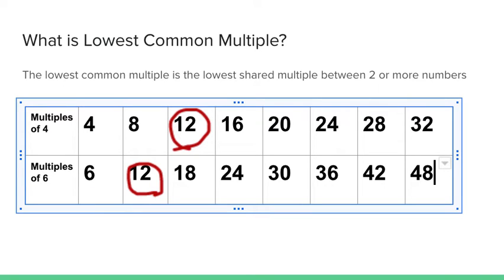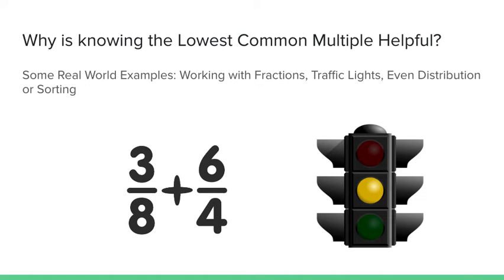Now, some of you may be asking, what is the significance of this? Why do I need to know this? Why is knowing the lowest common multiple helpful? Well, for one thing, if you've ever worked with fractions, often in order to add or subtract fractions, you need to have a common denominator.